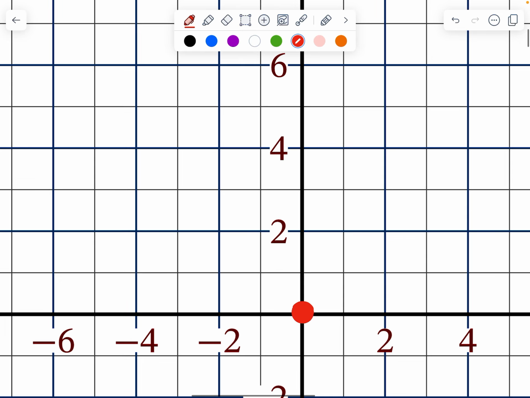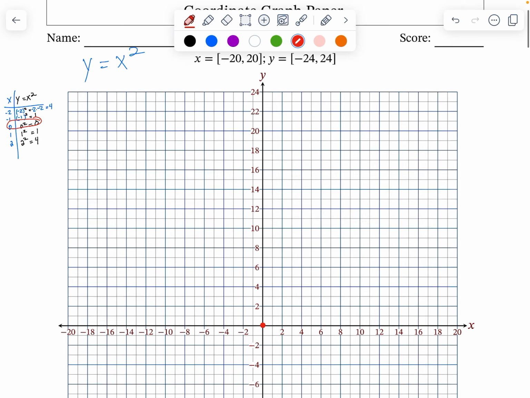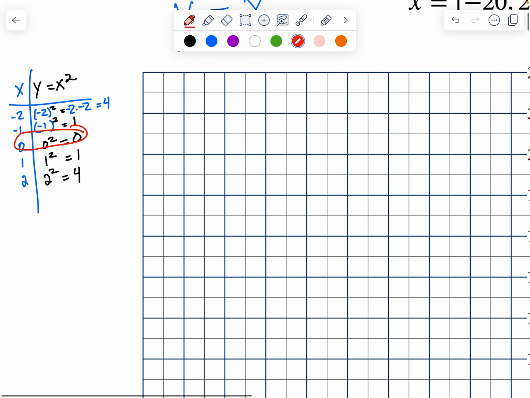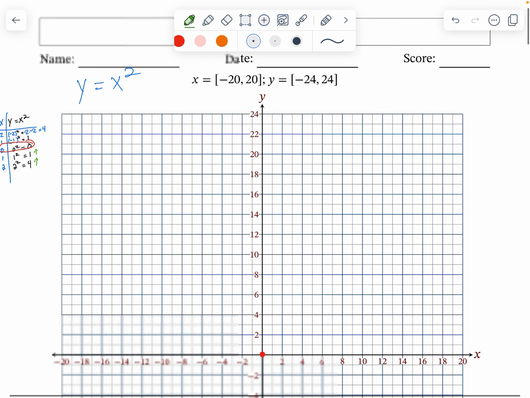Then this is how we're going to move: this is how far we're moving up or down, and these are how far going across.